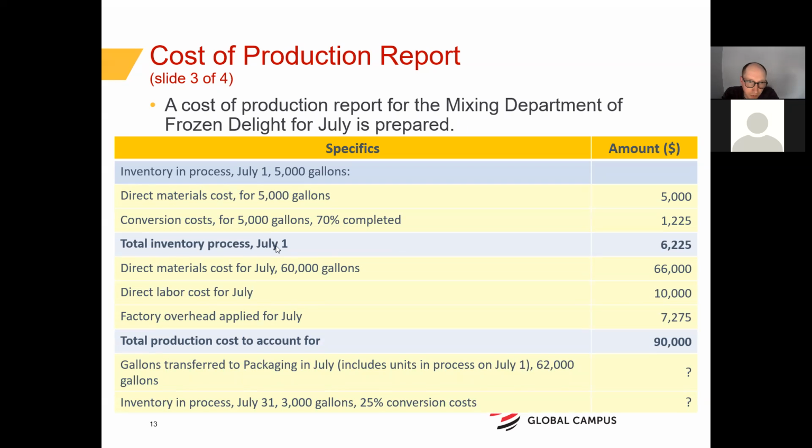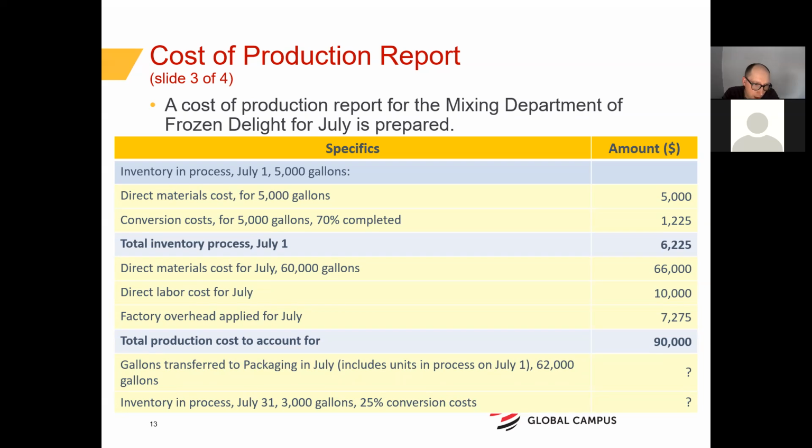So in our example, and this is an example of our cost of production report, we have inventory at various stages. This report is for just one department. This is for the mixing department for the month of July. So at the end of the accounting period, we would prepare this type of report.